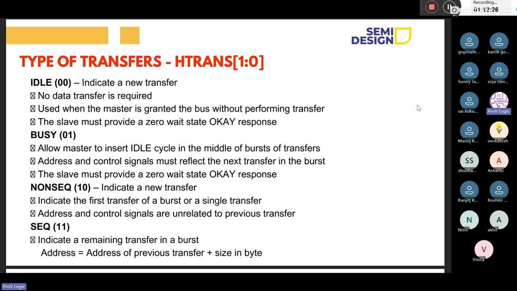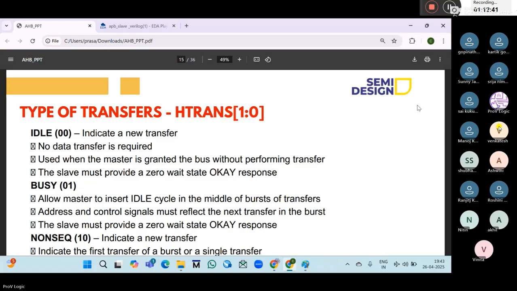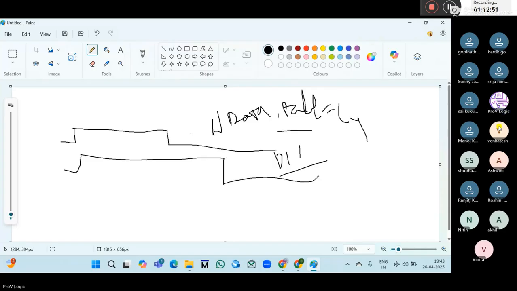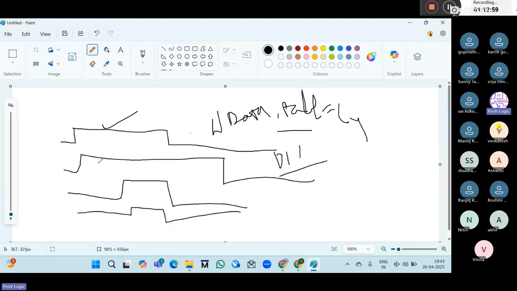First of all, types of transfers. What is meant by types of transfers? Whenever we are transferring data in the APB protocol, if you remember the waveform, PADDR has some value based on the write operation, and PSEL should be high and PENABLE should be high, and the data is passed along with the address.